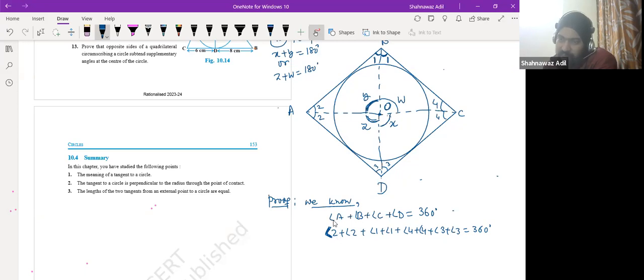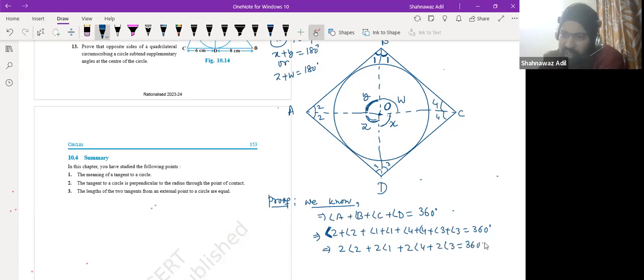What I mean is, you wrote angle 2 plus angle 2, so 2 is there two times, so we can take 2 as common from that. Yes, absolutely. So we can write them as 2 angle 2 plus 2 angle 1 plus 2 angle 4 plus 2 angle 3.